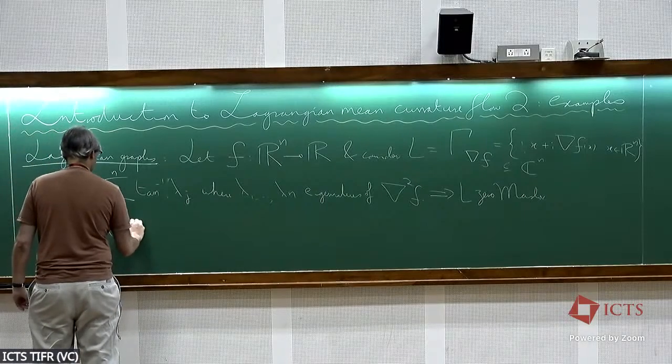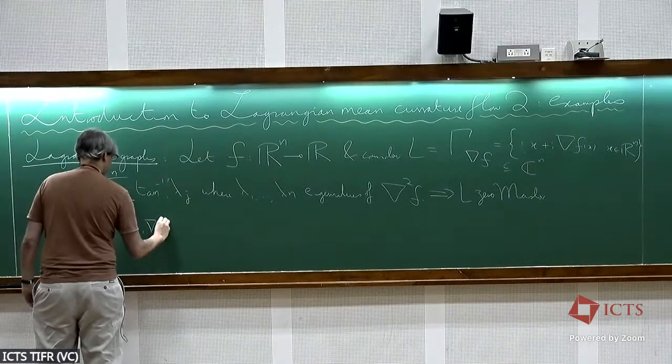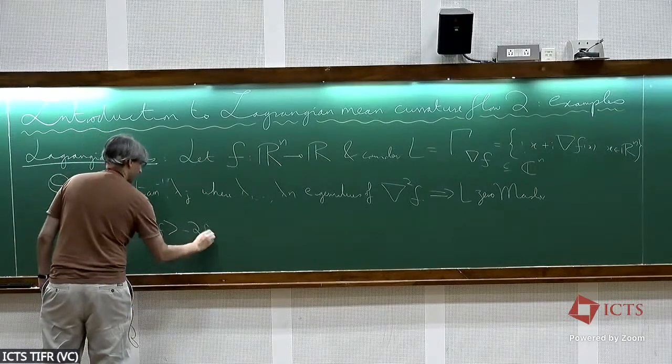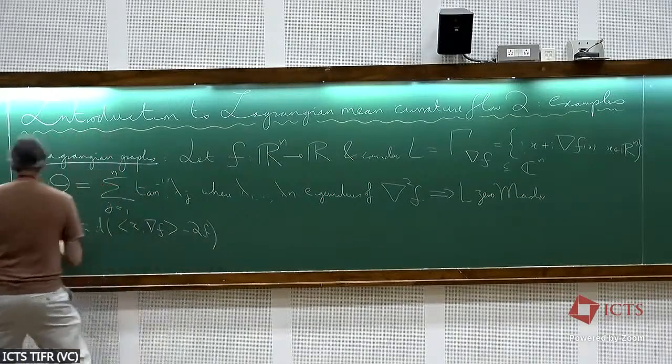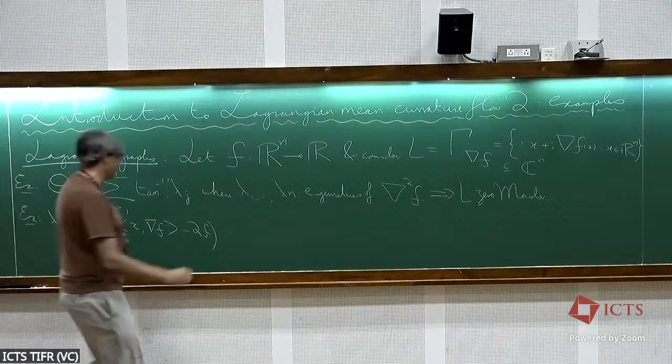It's d of x dot grad f minus 2f. So again, I would definitely suggest that you do the exercise and show that this is true. So that means that L is exact.